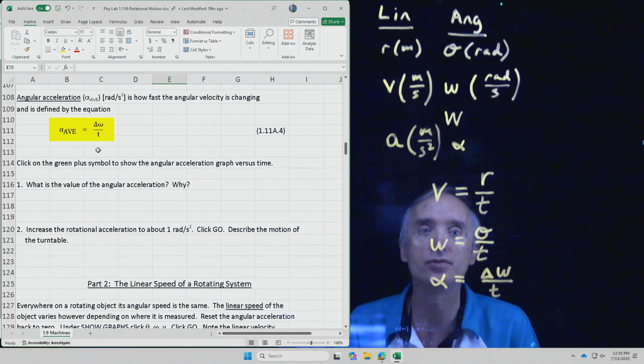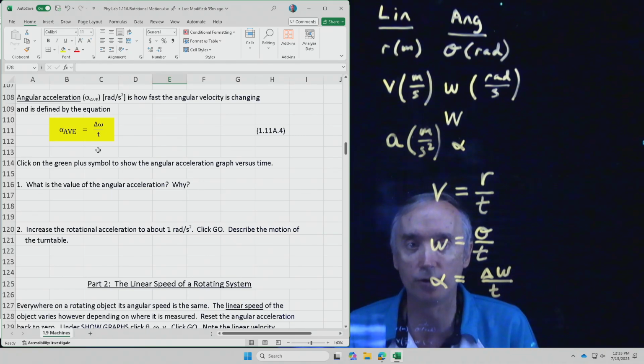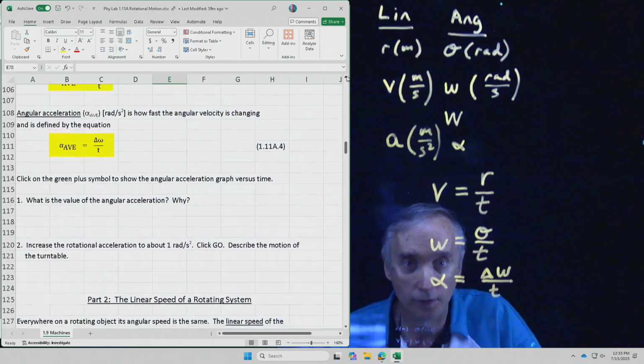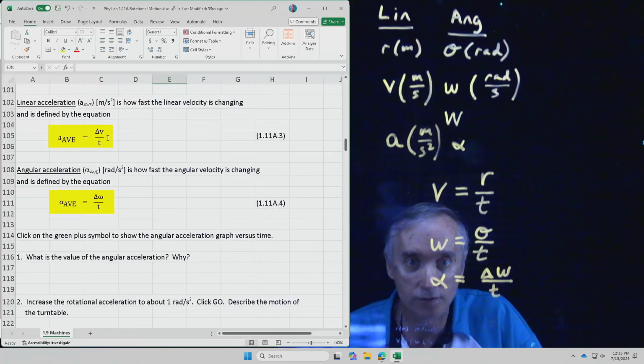So when it came to linear acceleration, so let's go back to here, there was a formula for linear acceleration, and acceleration changes your speed over time. And so a linear acceleration changes your linear speed.